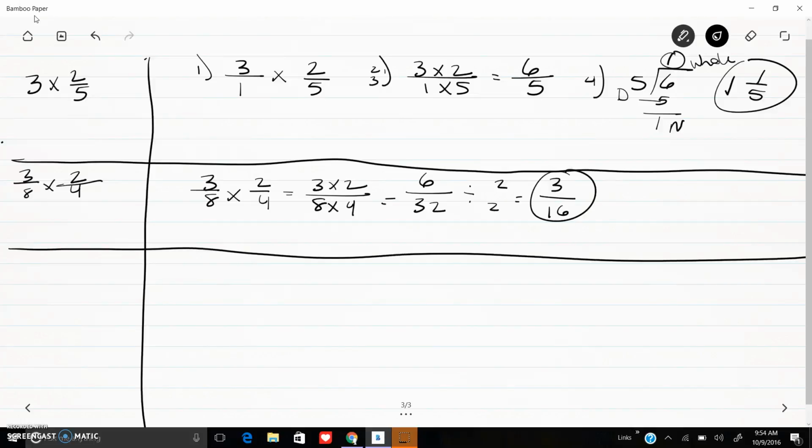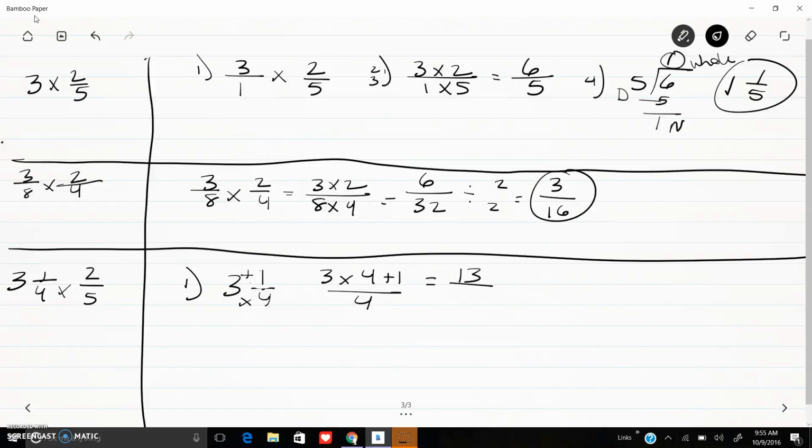And last one, let's do a mixed number. So 3 1/4 times 2/5. First step, I need to convert 3 1/4 into an improper fraction. So 3 times 4 plus 1 over 4.